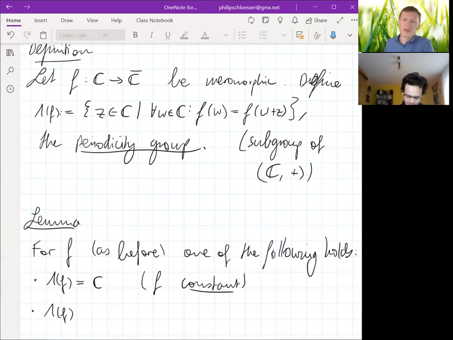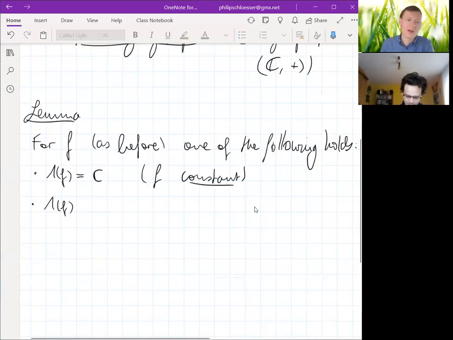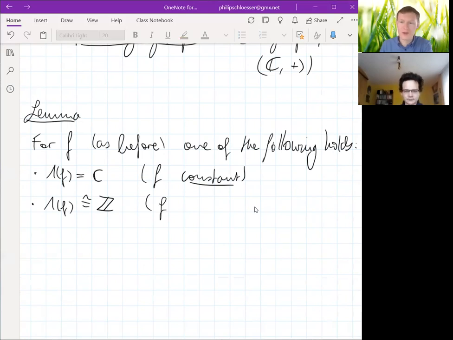Secondly, it can be isomorphic to the integers. Then we call f periodic, or singly periodic, because it has a single fundamental period.